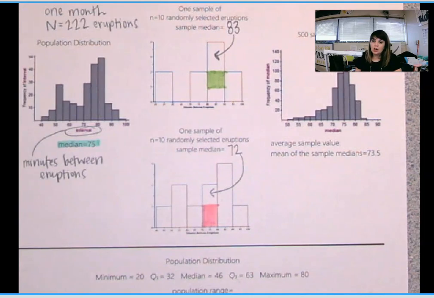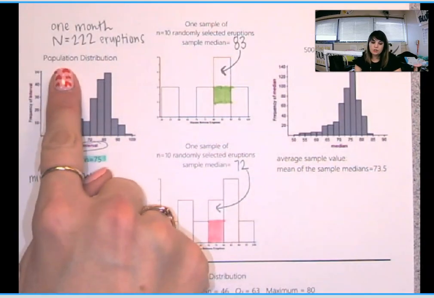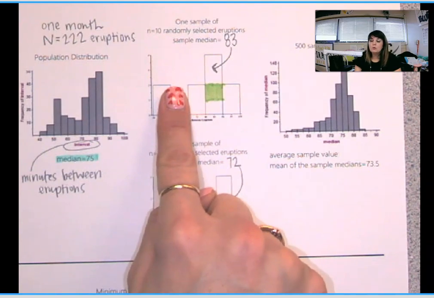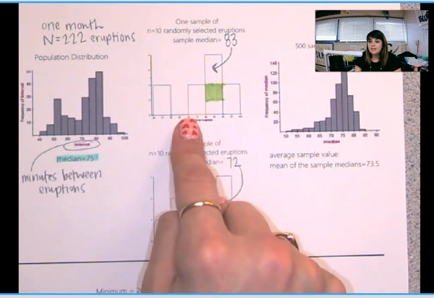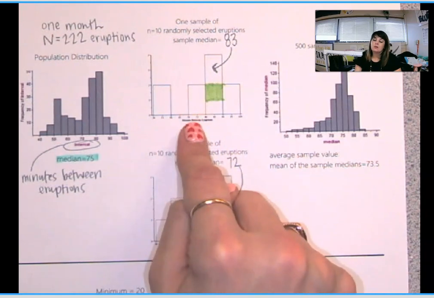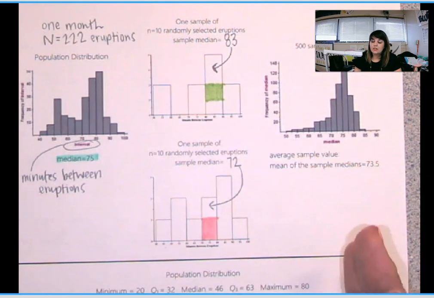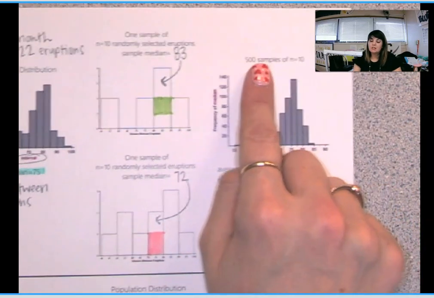We just need a concrete example. So, population is 222 eruptions. We take random samples of 10 eruptions and find the median because we want to estimate the median eruption time of the population. Well, we do this a bunch of times and get a sampling distribution.